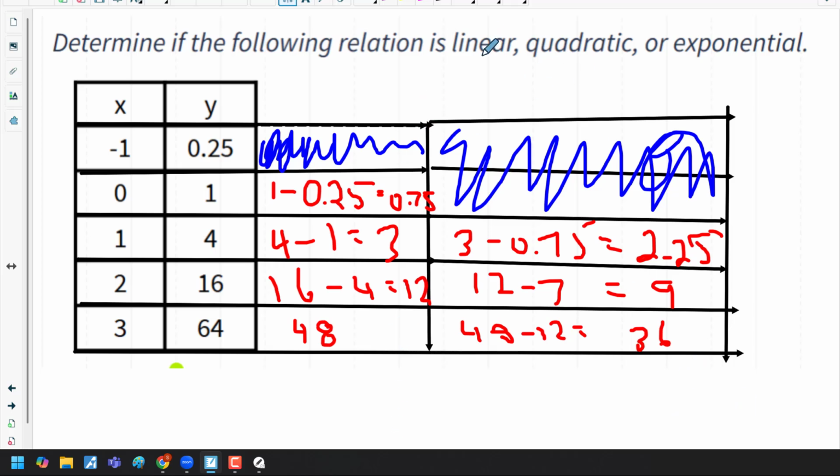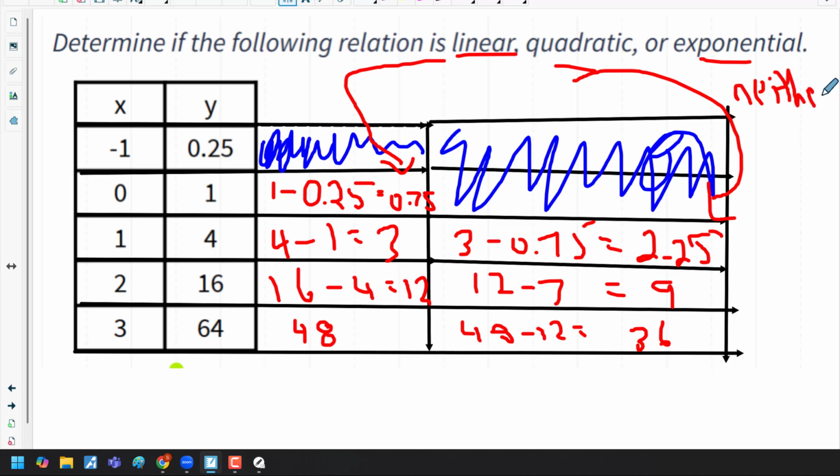So it's not linear, because if it was linear, then all these numbers, the first differences, would be the exact same number. It's not quadratic, because then the second differences would be all the same number. They're all different. So what's left? It could be exponential, or it could be neither. That is also an option that wasn't written here. So we still have to figure out whether it's exponential or none of them.